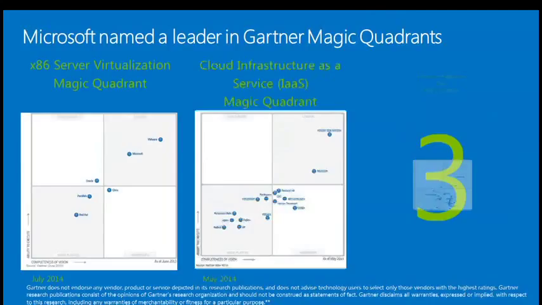If you look at IaaS, we're just behind Amazon Web Services, and if you look at PaaS, we're just behind Salesforce. If you look at enterprise storage, which is the one which isn't on there, we're actually the top dog for that one. So not only is Microsoft the only provider that is a leader in all 4 of these quadrants, Microsoft is in fact the only vendor that even appears in 4 of them. In fact, the only one that appears in 3 of them.